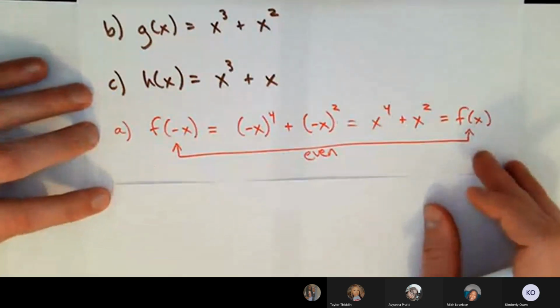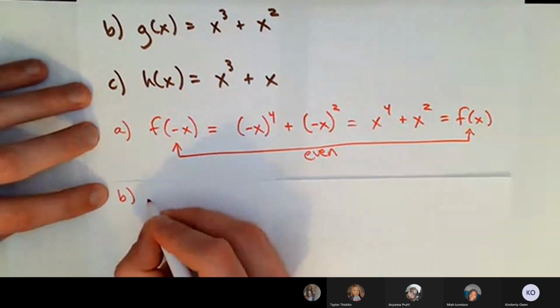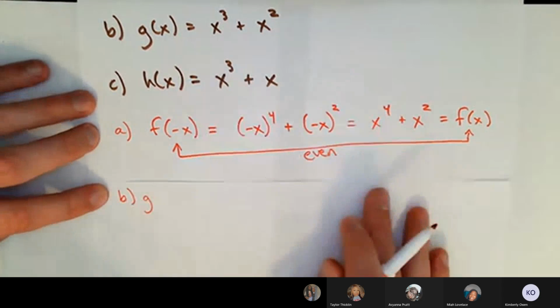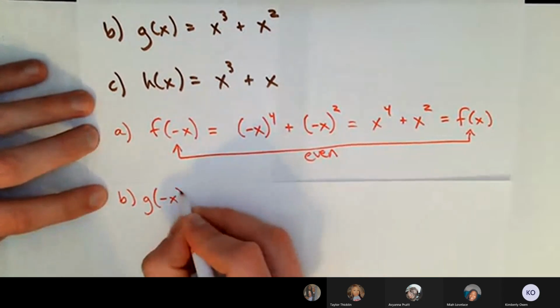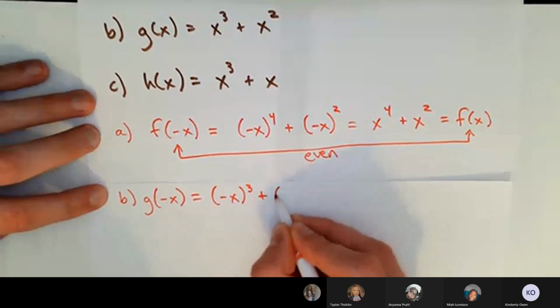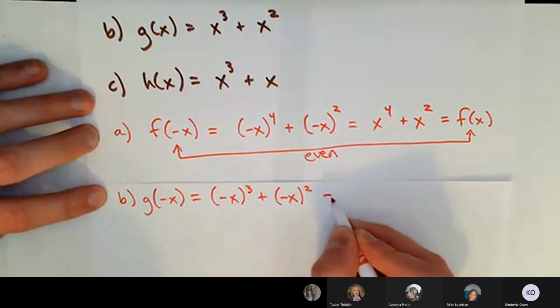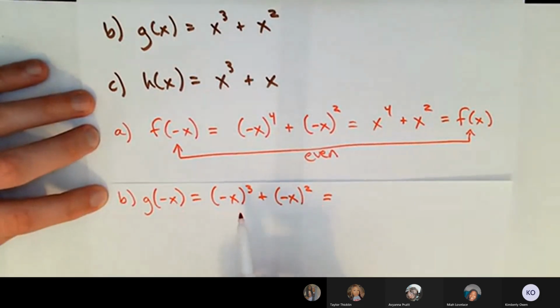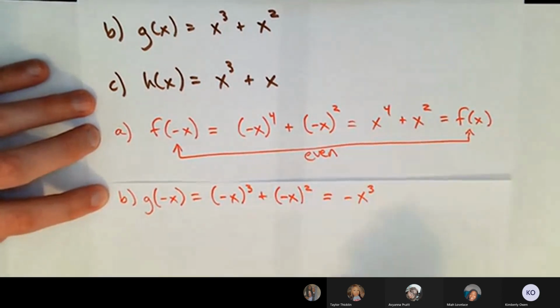Part B says g of x is x cubed plus x squared. So I'll stuff a negative inside the function. So just rewriting it with these negatives. Now what's going to happen here? Well, x cubed does not just completely absorb it. It spits it on the outside like this. That's what an odd exponent does.